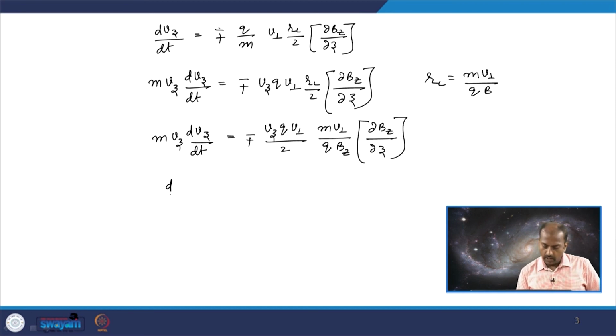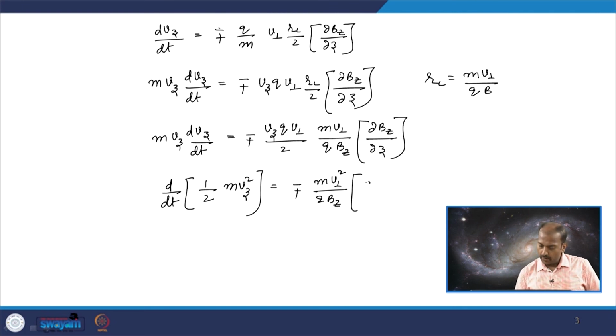or d by dt of half m Vz square is minus plus m v perpendicular square divided by 2 Bz into dou Bz by dou z into dou z by dou t, or dz by dt.